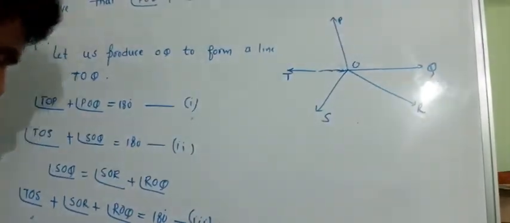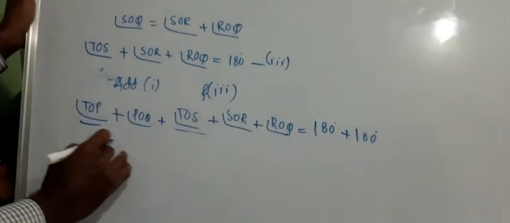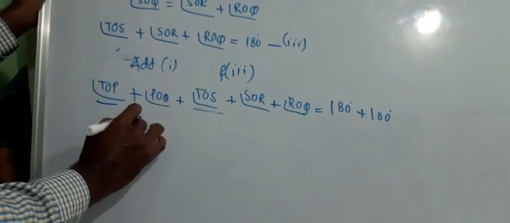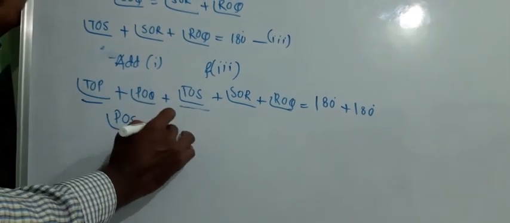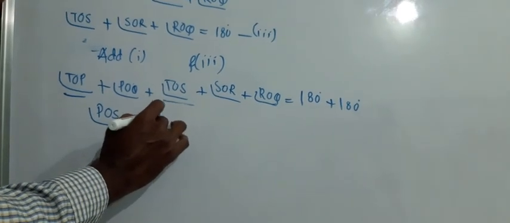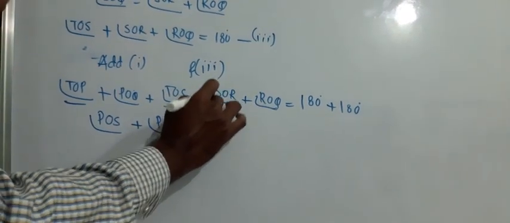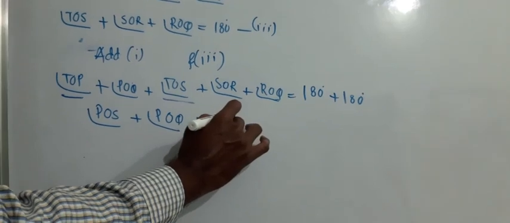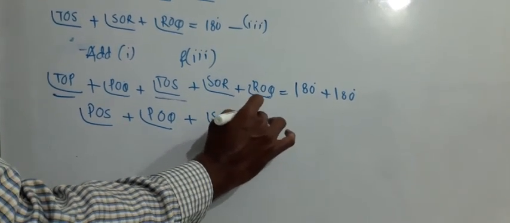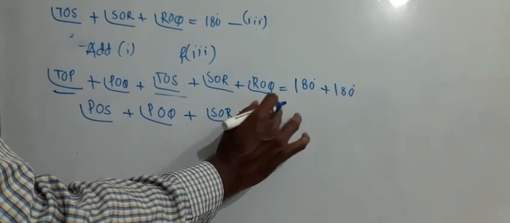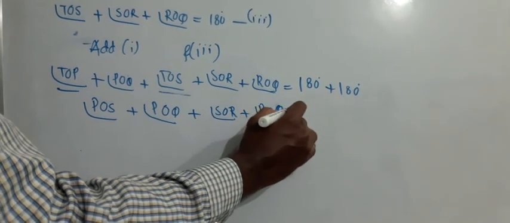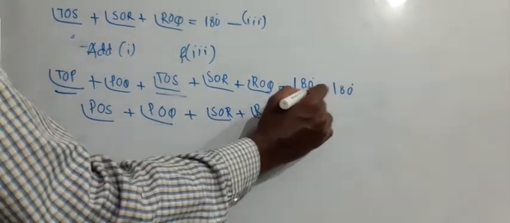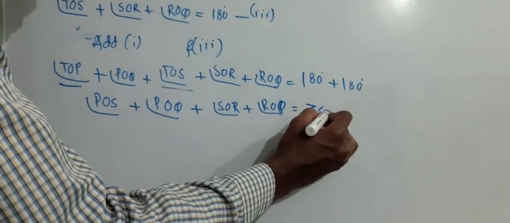Angle POS. So angle POS plus angle POQ plus angle SOR plus angle ROQ is equal to 180 plus 180, which is nothing but 360 degrees.